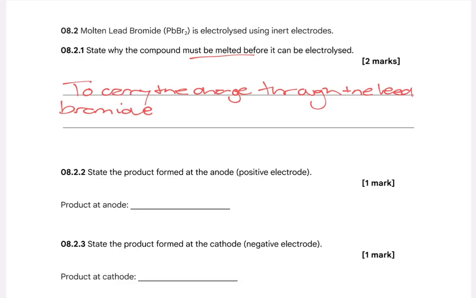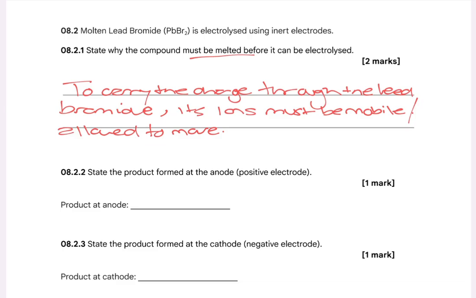That was like a previous question about the conduction. We were talking about movement of ions, movement of electricity, movement of electrons, allowing substances to conduct. So to carry the charge through the lead bromide, its ions must be mobile. So you must have free moving ions, must be allowed to move. And those ions must do so in order for that charge to be carried.